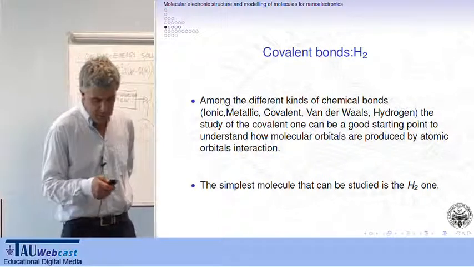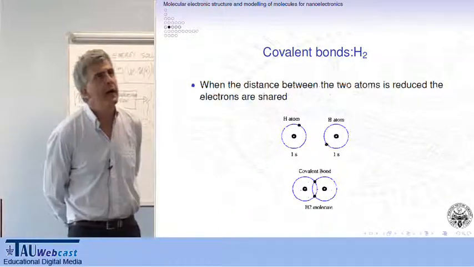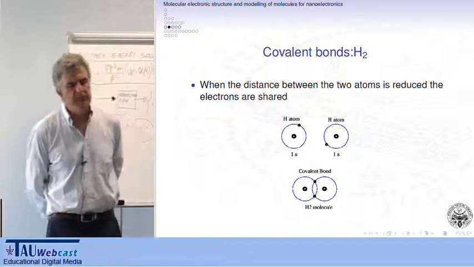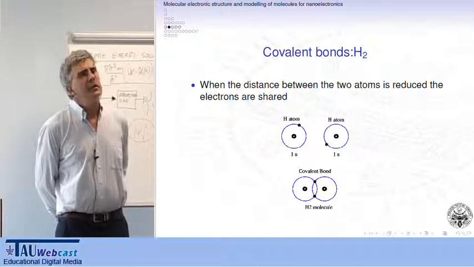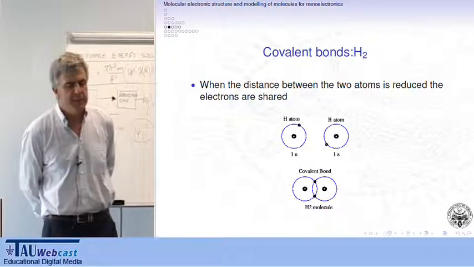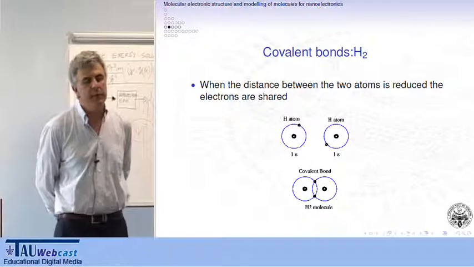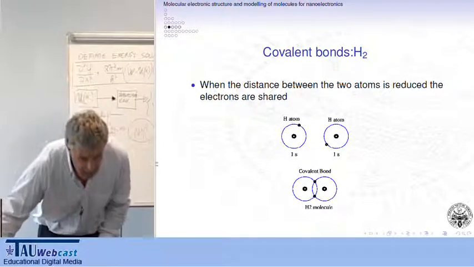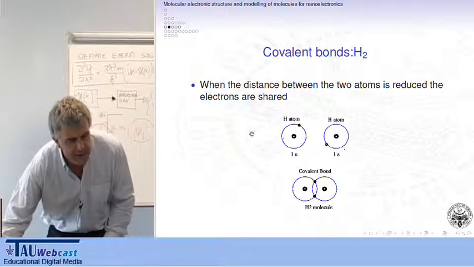So when you try to put two hydrogen atoms in a position where the orbitals interact with each other, some things happen. From the quantum mechanical point of view, when the two atoms are sufficiently separated, these two systems are completely independent.